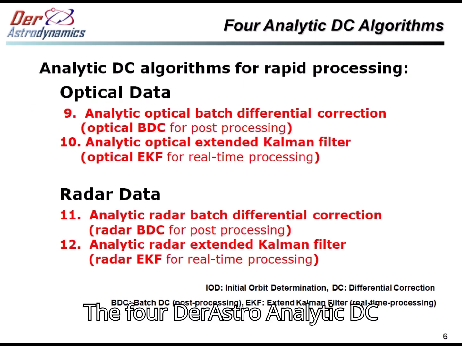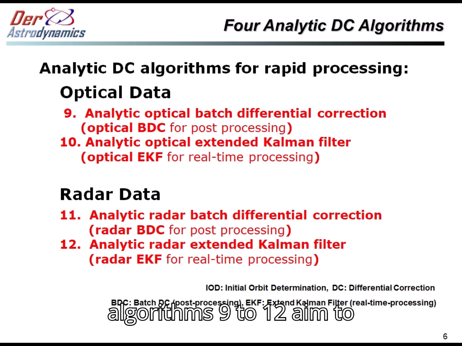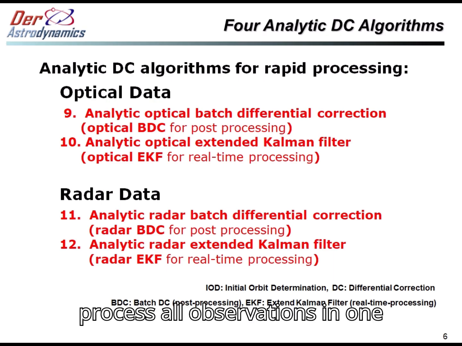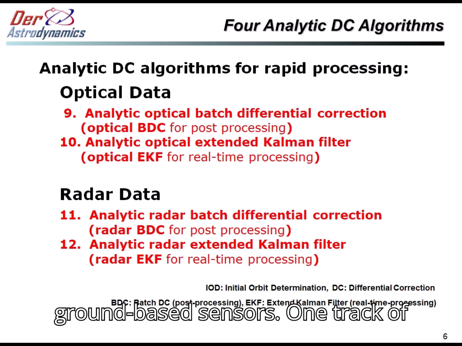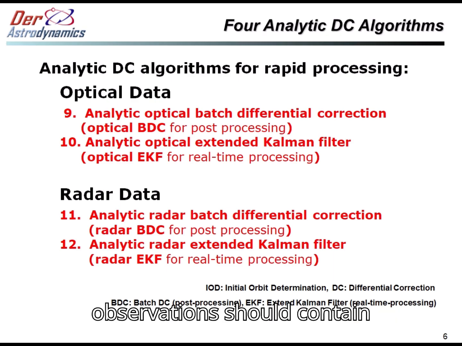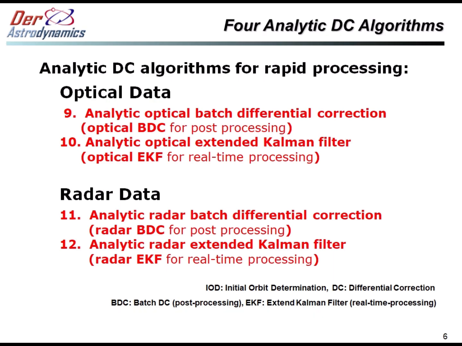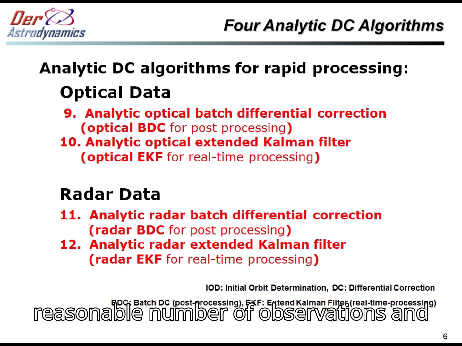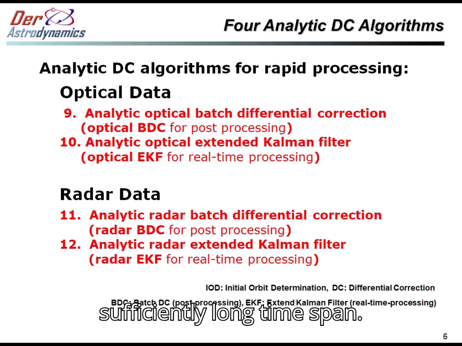The 4 The Astro analytic DC algorithms 9 to 12 aim to process all observations in one track collected by Earth or ECI ground-based sensors. One track of observations should contain reasonable number of observations and sufficiently long time span.